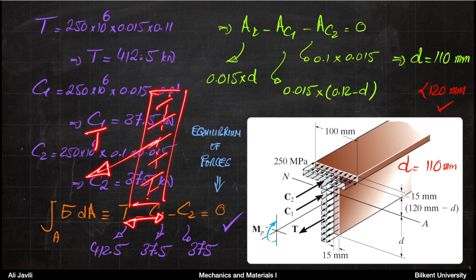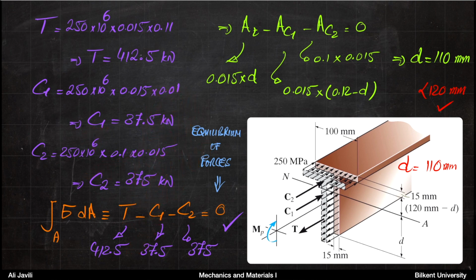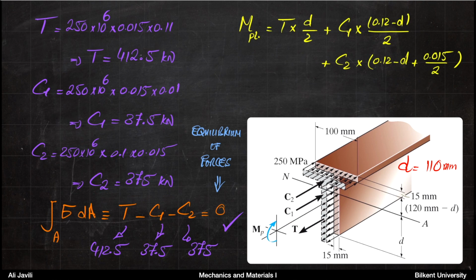So if this is 15 millimeters and this is 110, your effective force T would be at the center of that rectangle. So basically, you know the distances of each of these forces from the neutral axis, and all you have to do is to calculate the moment. And basically, that's what we are going to do.